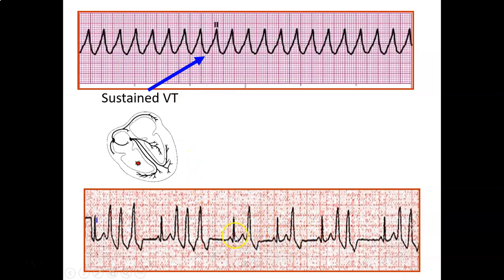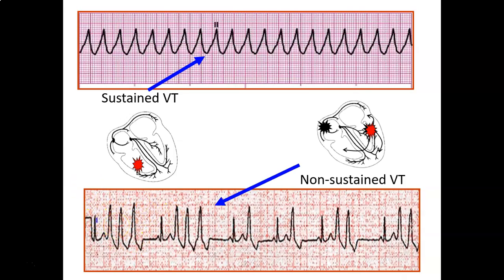But if you look at the bottom strip, you will see the three QRS complexes, then in between again one normal beat, then again three. As I mentioned earlier, three or more PVCs together is ventricular tachycardia. So again, this is a ventricular tachycardia, but this is non-sustained.